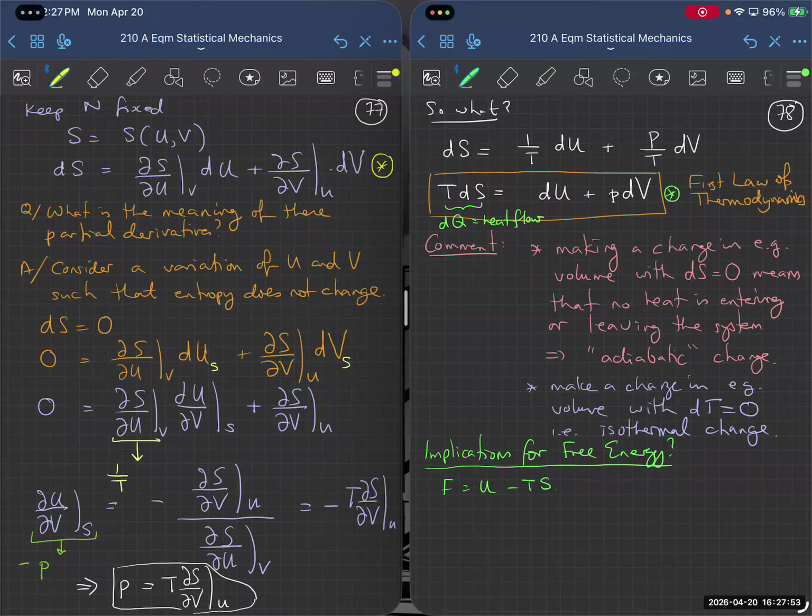So the free energy, if I take the derivative of that and just use the laws of calculus, that is dU minus T dS minus S dT. But I know that the first law of thermodynamics is true. So then I can write this as minus P dV minus S dT, just plugging the first law in.